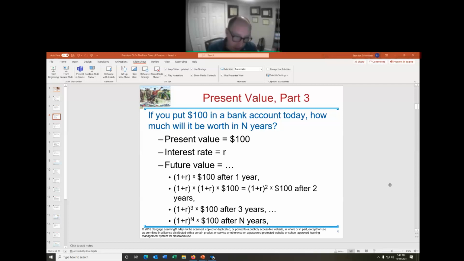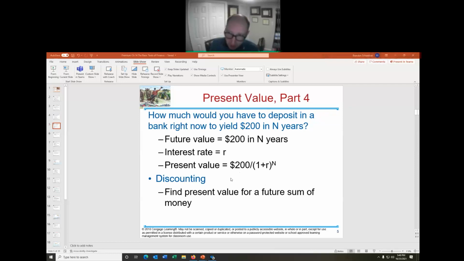Once you know the interest rate and how long you want to leave that amount in the bank, you can run out the formula by plugging in PV, which is 100, the interest rate, and the number of years. Let's say it's 5 years. You punch in 5, and it'll generate how much that amount would be after 5 years, which is very useful, because it shows you how that interest compounds over time.